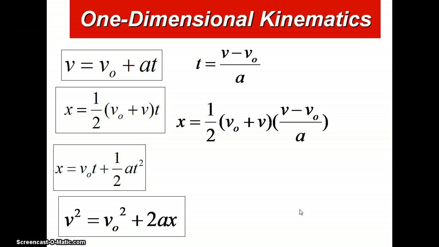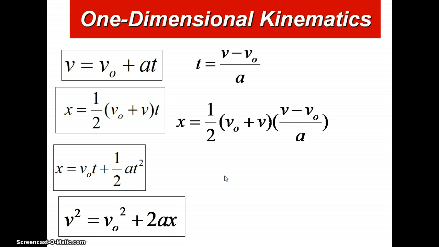Now the important point here is to recognize that we have five kinematic variables. They are v, v naught, a, t, and x. Each of these equations involves four variables, and in fact, each equation involves a different set of four variables.